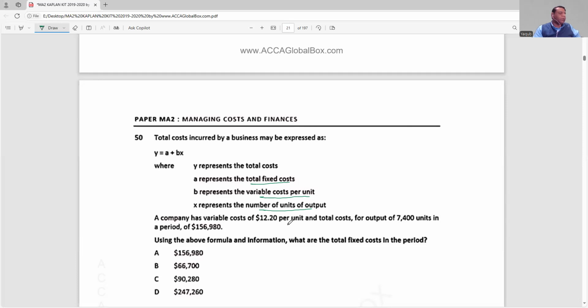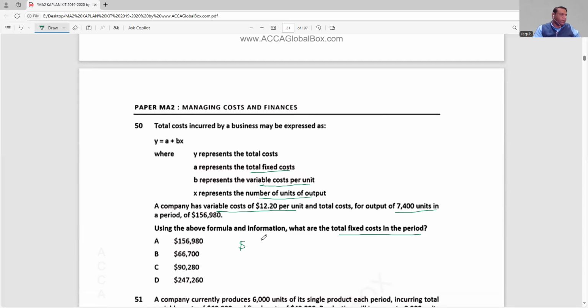A company has a variable cost of $12.2 per unit and total cost for output of 7,400 in a period of 156,980. Using the formula above, what are the total fixed cost in the period? So this time you are provided with the information of 156,980. It is equal to the proportional fixed cost. So fixed cost is X or A, which needs to be determined, plus variable cost per unit, which is 12.2, multiplied by 7,400.